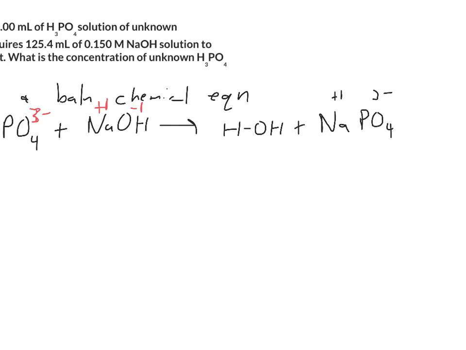So to balance it charge-wise, polyatomic ions you must put in parentheses if there are more than one. In this one there isn't. But 3 times +1 is +3. The whole phosphate anion has a -3 charge. That is the charge balanced sodium phosphate salt.